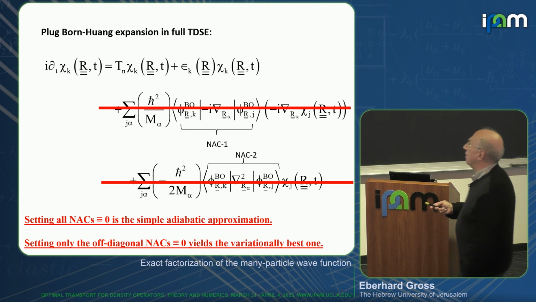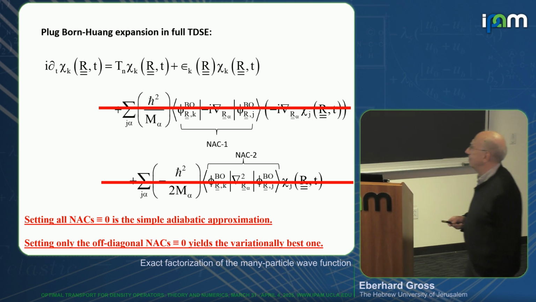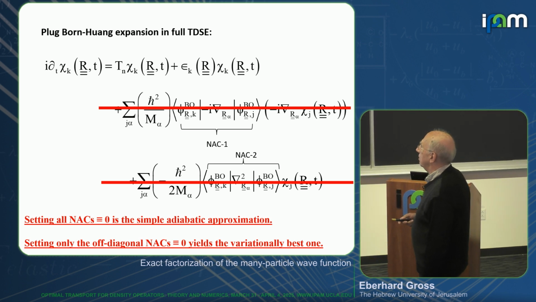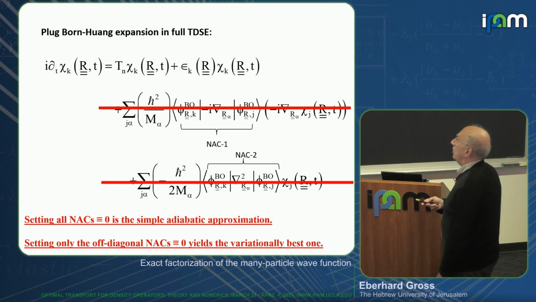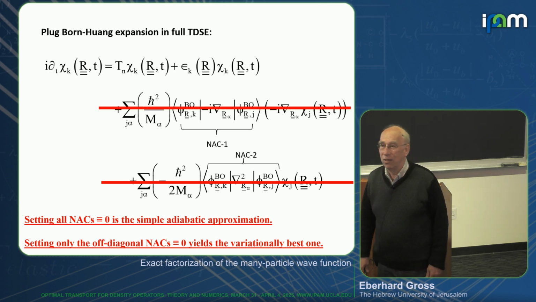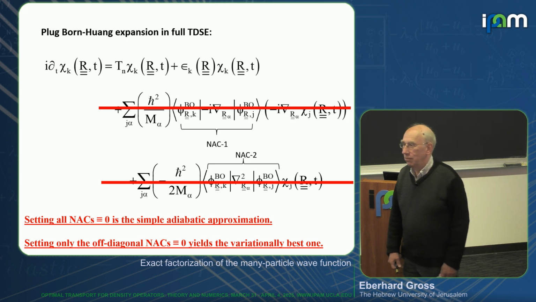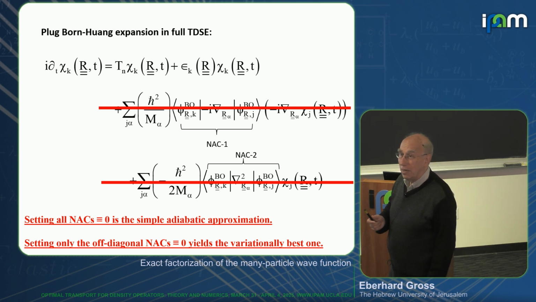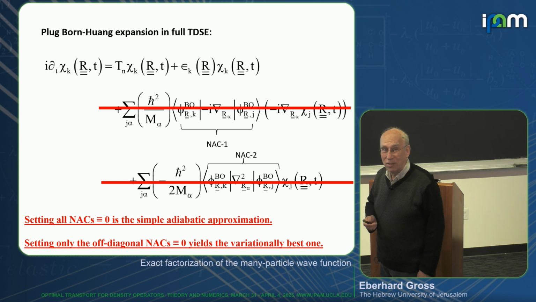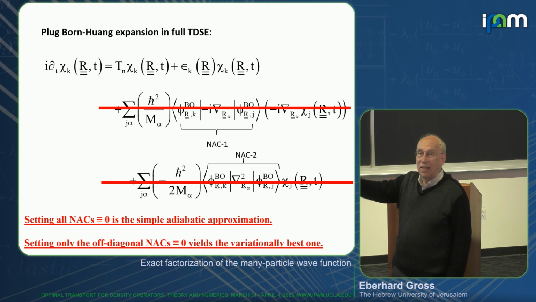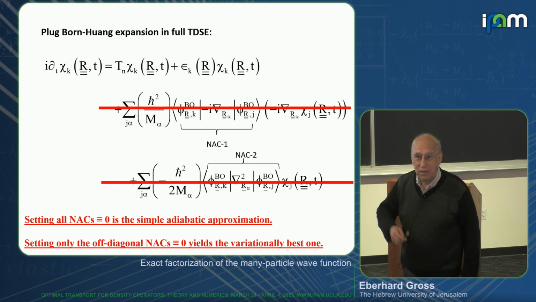Now, if we neglect first order and second order non-adiabatic couplings, then we get back the nuclear Schrödinger equation that we had before. Right? So the simple adiabatic approximation that I mentioned before means neglecting all but one non-adiabatic couplings.